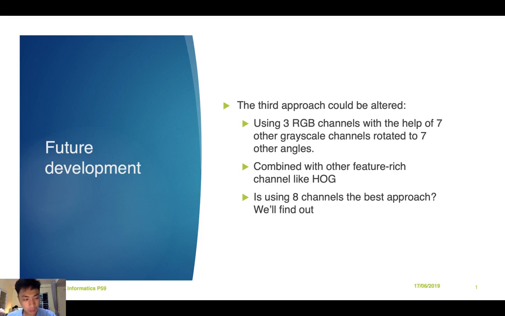There are many things that could be done with the success of the third approach. I used the system with only grayscale images because I thought that detecting humans or objects in general relies very much on the edges and not the color. So I used grayscale so I could reduce the workload of the system.